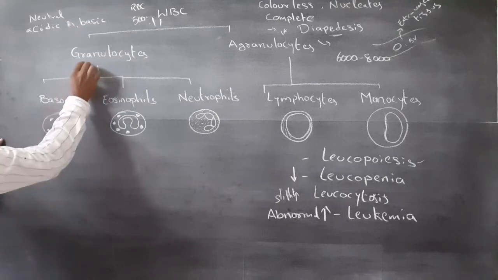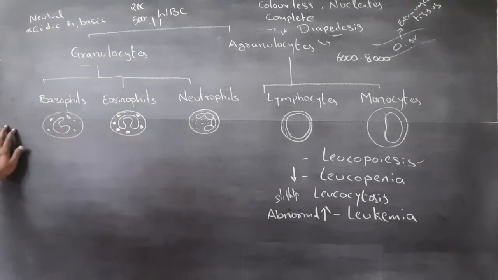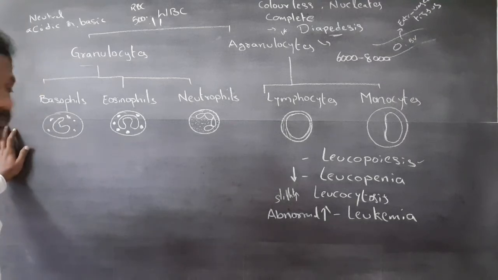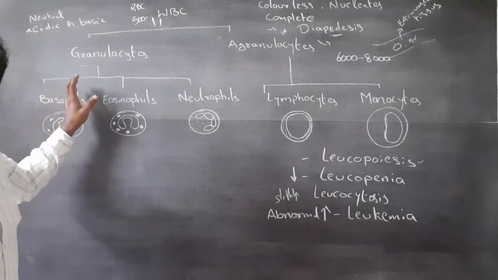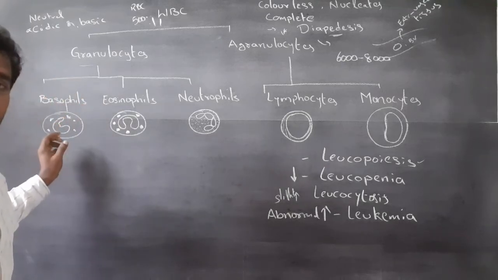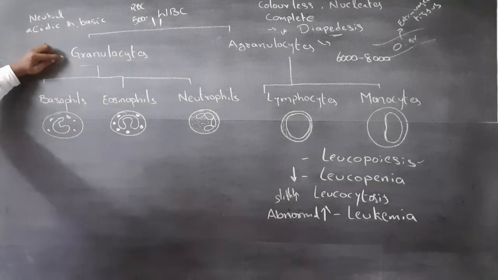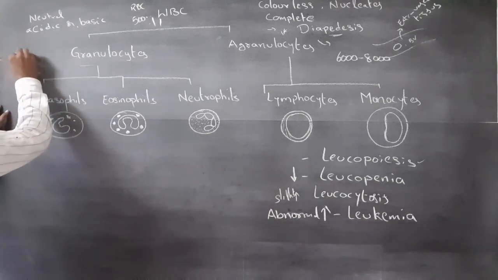In granulocytes, the nucleus is divided into different lobes. Each lobe shows a different shape. So granulocytes are called polymorphonuclear leukocytes.